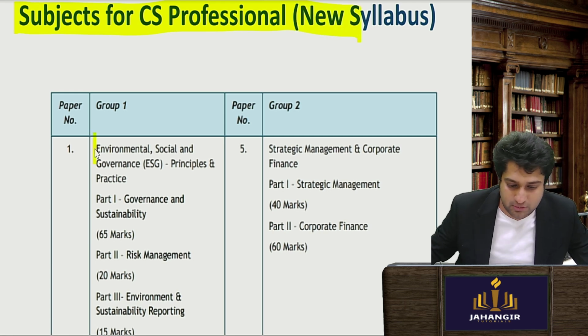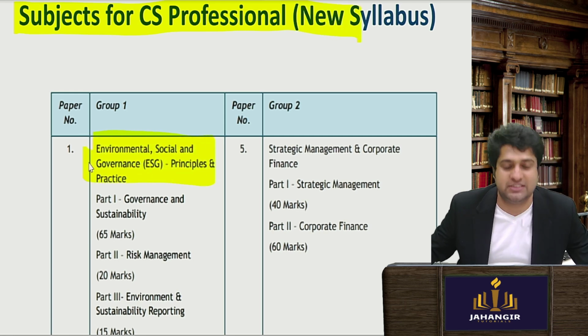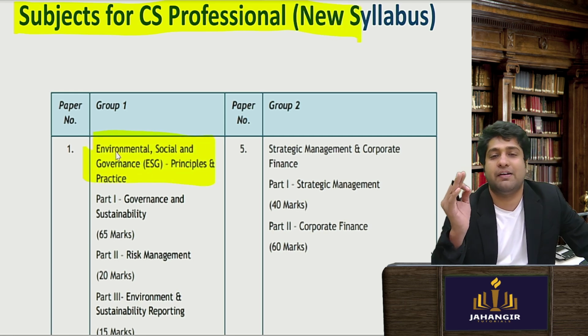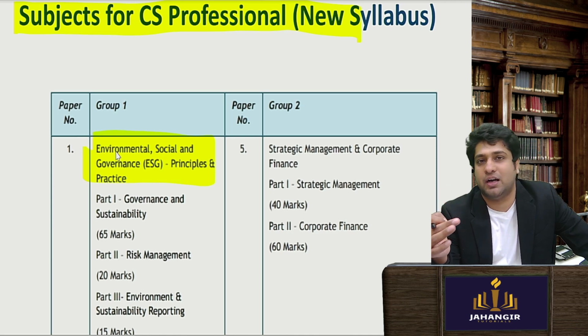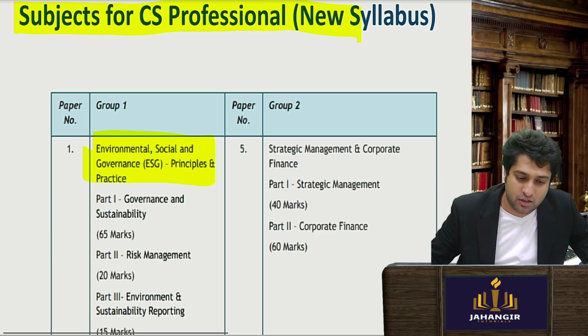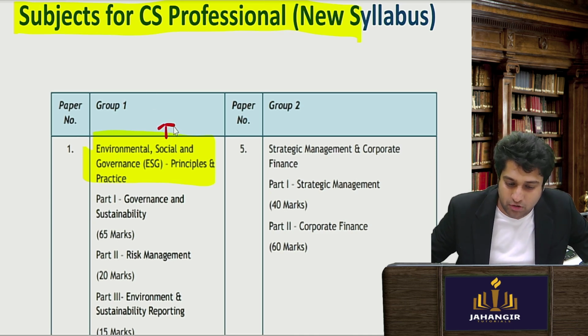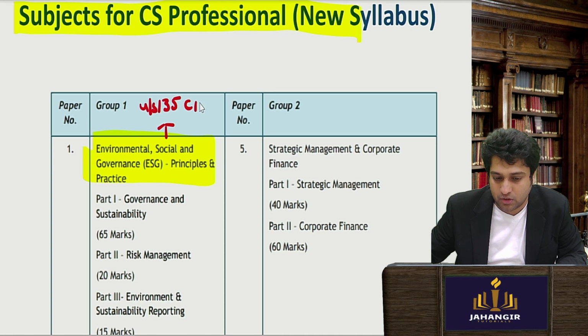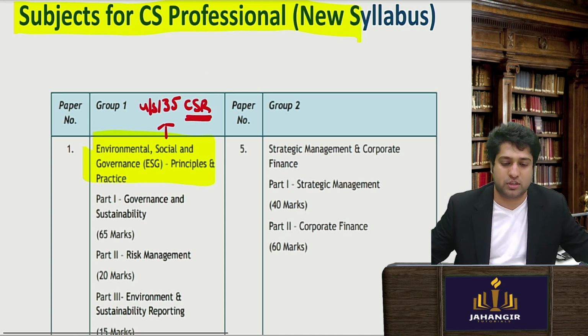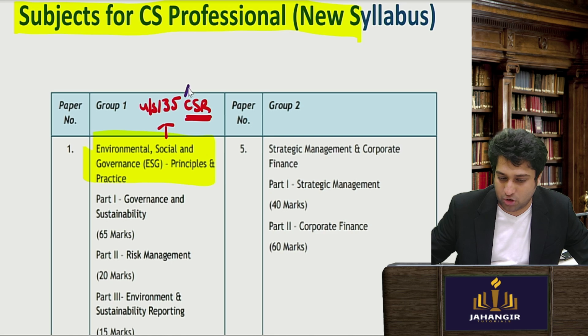In your new syllabus there is a subject called ESG, which is environmental, social and governance. In company law, there was Section 135, which was corporate social responsibility. If I had to explain what CSR is, it is a simple thing: a corporate responsibility towards the society.